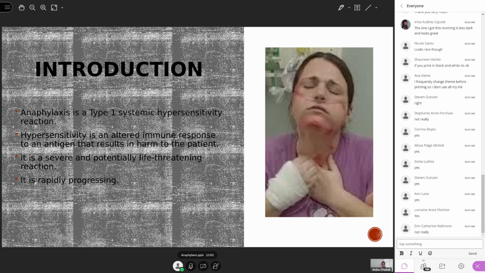So anaphylaxis is a type 1 systemic hypersensitivity reaction. What that means is, first of all, hypersensitivity. Sometimes we say this person is hypersensitive to emotional experiences, right? Some of the emotions that one person is able to handle, the other person is hypersensitive to.